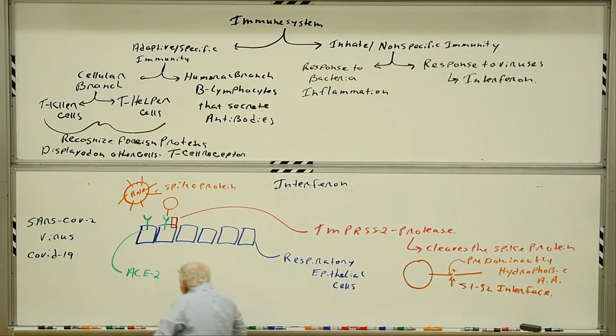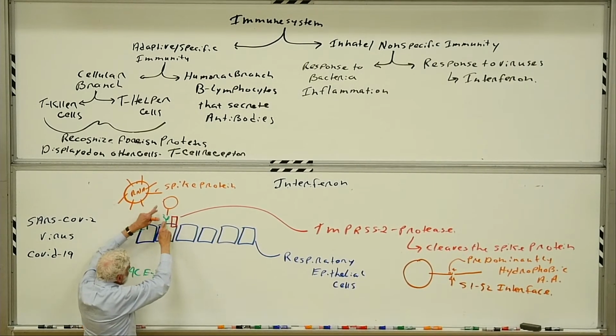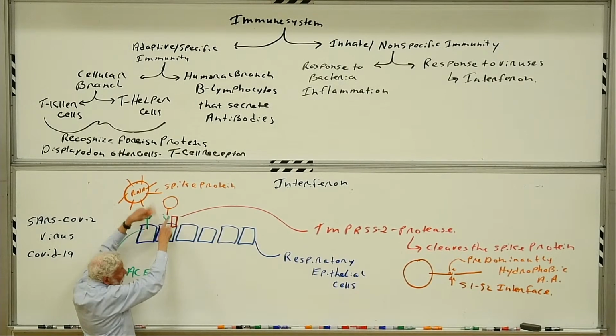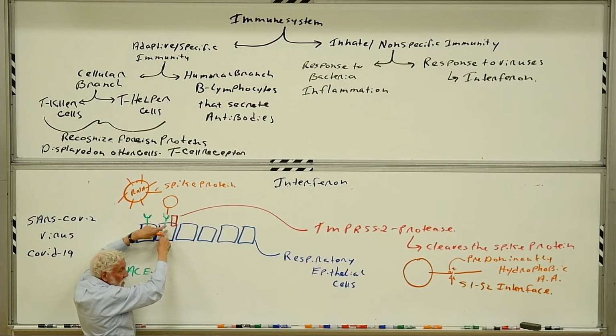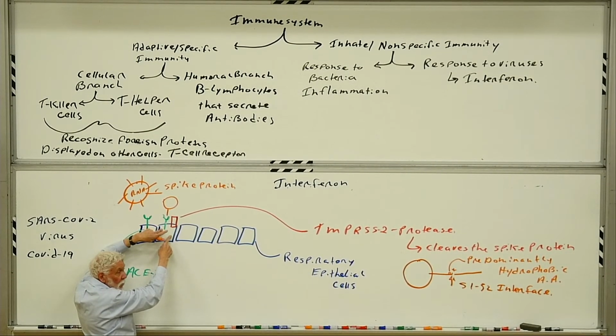Now again, up until a few months ago, we thought that the process was it would bind, be brought into the cell by endocytosis. Then this TMPRSS2 protease activity would happen in the endosome, in the vesicle, and then it would escape across the vesicle.